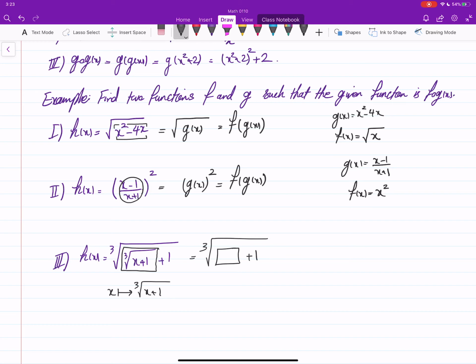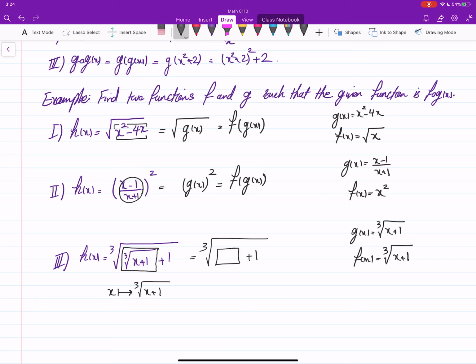So maybe that's the idea, that this is a function which is composed with itself. So in this case, g of x is the third root of x plus 1, and then f of x is again the same, the third root of x plus 1. This might be a little bit trickier to understand, but try to see that this is actually that.